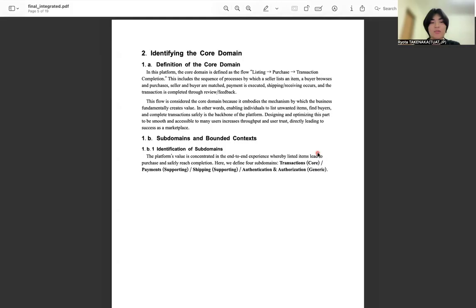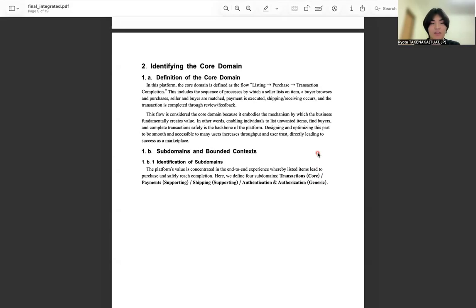Now, let's move to the most important part of DDD, identifying the core domain. As noted in this first section on the core domain, the core domain is a fundamental value of the business. For Mercari, I have defined the core domain as the entire flow from listing to purchase to transaction.